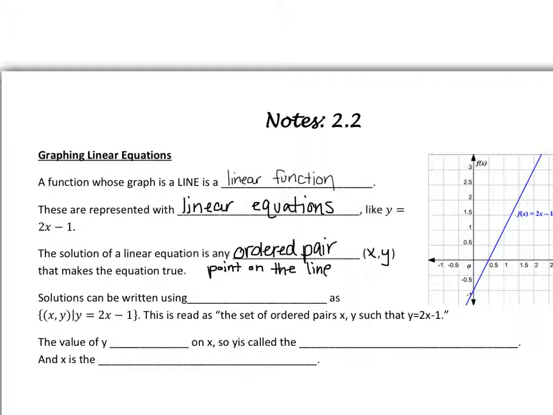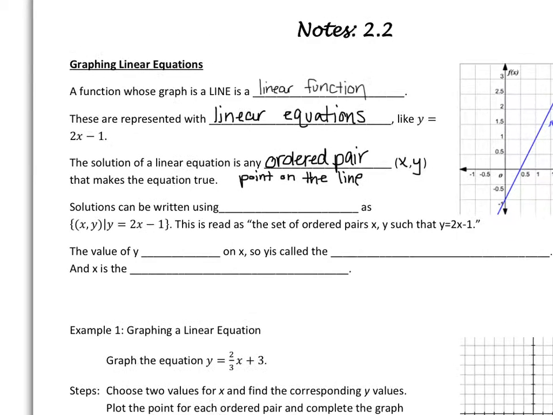So for example, over here, the point 1, 1 is on that line, so that is a solution to this equation. We can plug 1 in for x, 1 in for y, and it would be true. Another, say, you could also take 1.5 comma 2. Plug that in, that is a solution to this equation. Okay, so any point on the line will make the equation true.